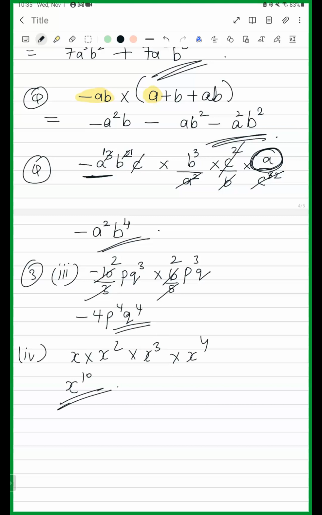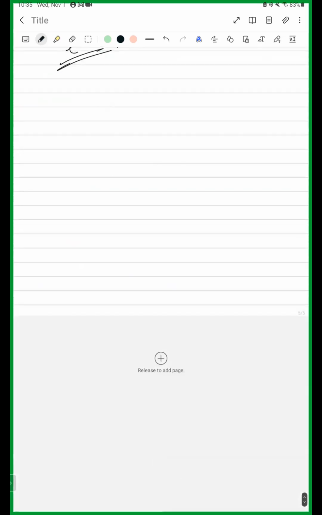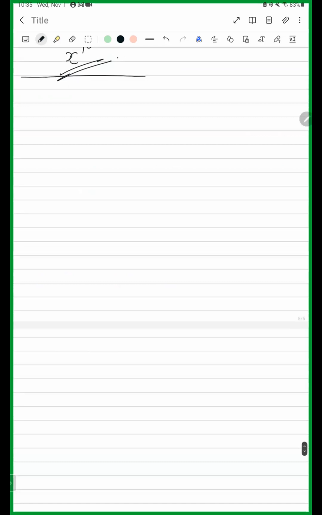Next, we have this. It says you have to simplify this and find its values for x equals 3 and x equals half. So let's simplify it. 3x into 4x minus 5 plus 3.